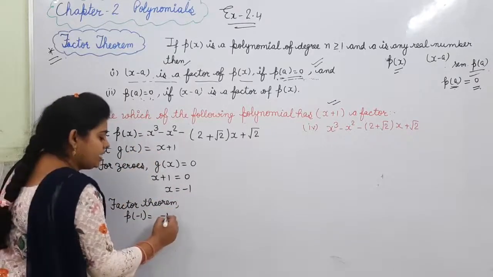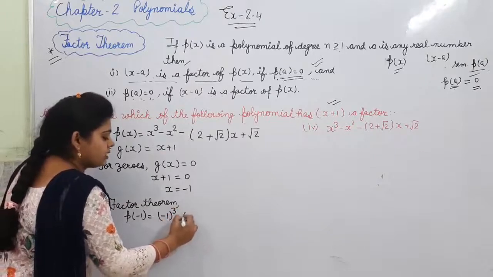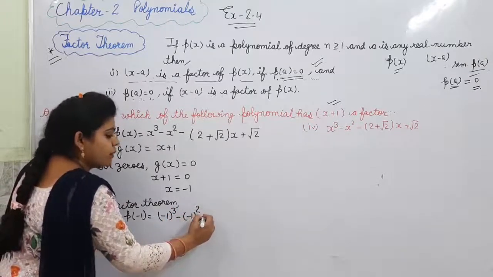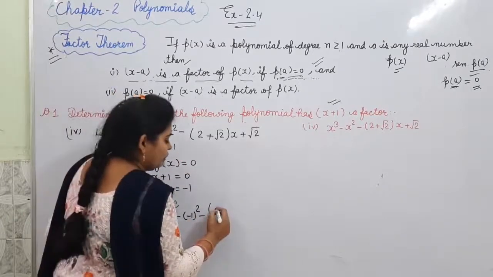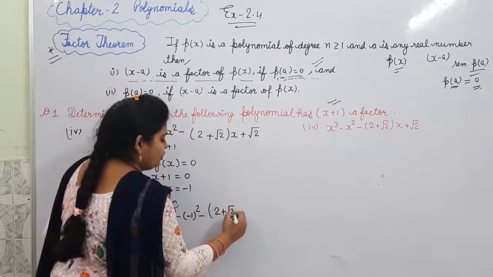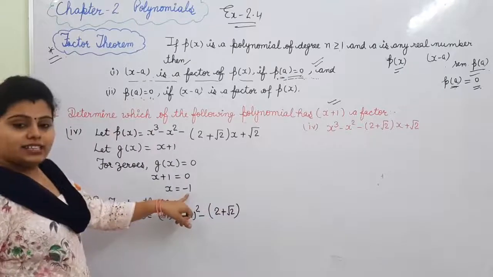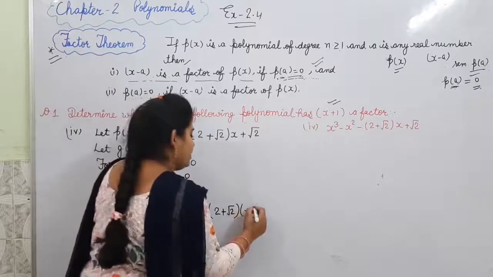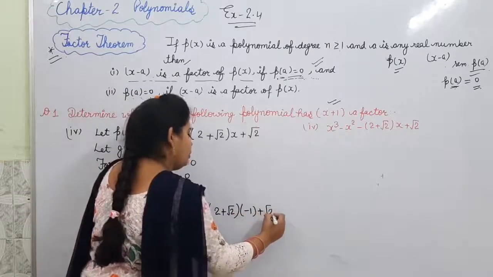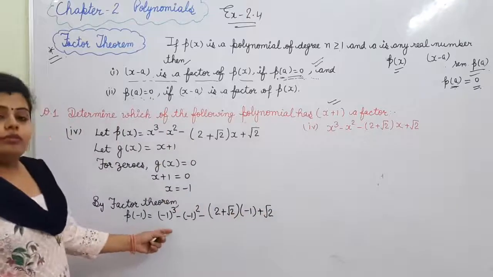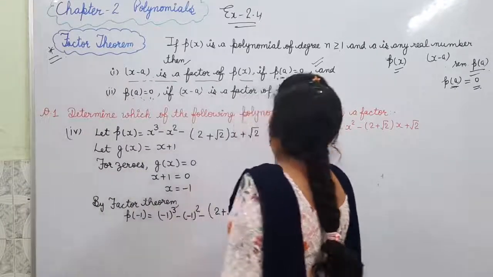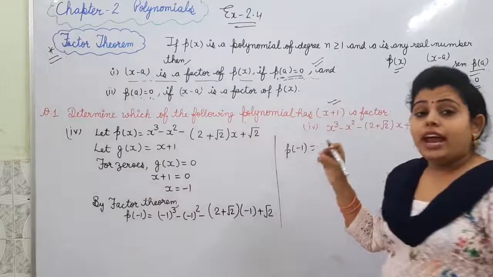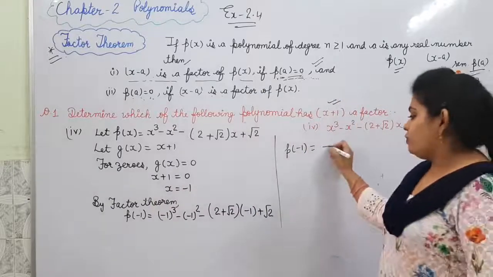Here minus 1 cube minus 1 square minus 2 plus root 2 x is minus 1 plus root 2. Now cube of minus 1 is what we are finding? We are finding cube of minus 1, and cube of minus 1 is minus 1.